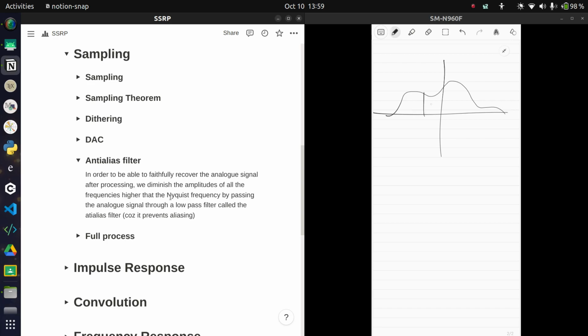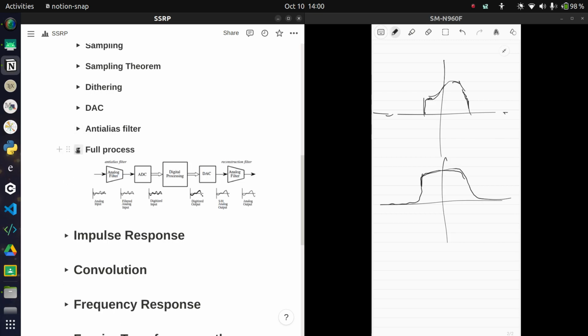What you can do is chop it off everywhere outside of the interval, and of course the chopping will be kind of smooth, so you will get something like this. You won't get full recovery, but it's good enough. In a sense, you have multiplied x of t by some function like this, and this function is called a band pass filter. In our case, since it's centered at 0, it's a low pass filter. But in this context it's called the anti-alias filter because it avoids aliasing, right?